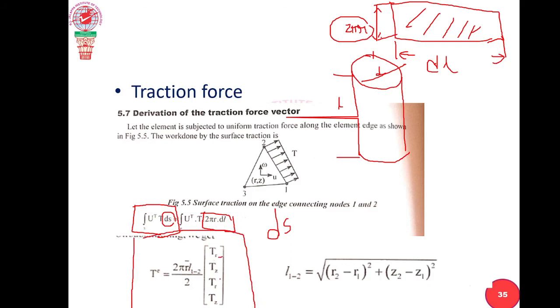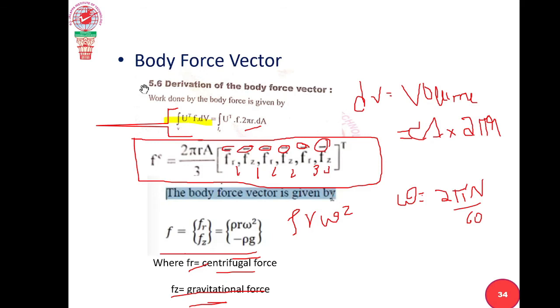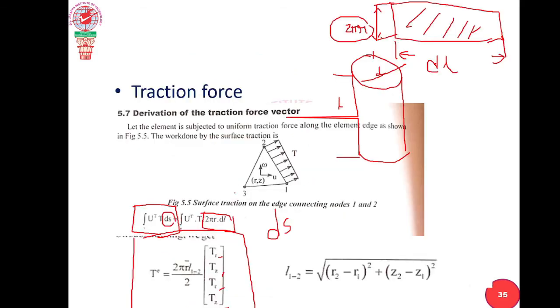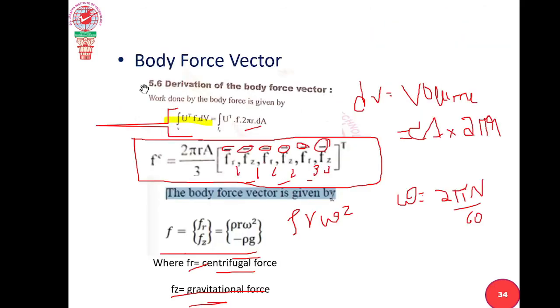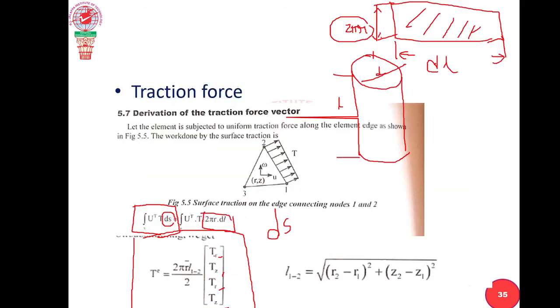into Tr, Tz, Tr, Tz. See here, in the body force the total F for Fz is with respect to node 1, node 2, node 3. But here please carefully observe. Here the total terms are 6, but how many T terms are there?